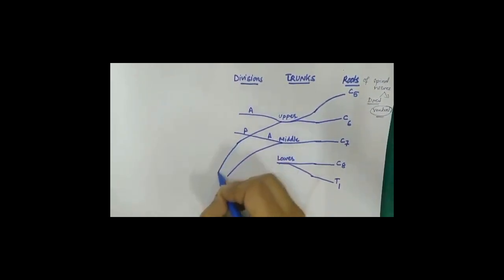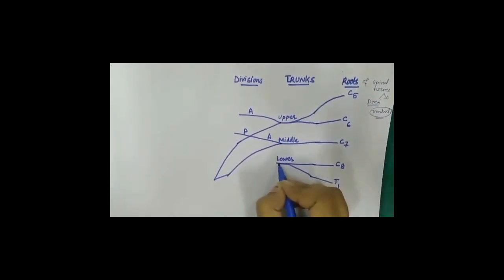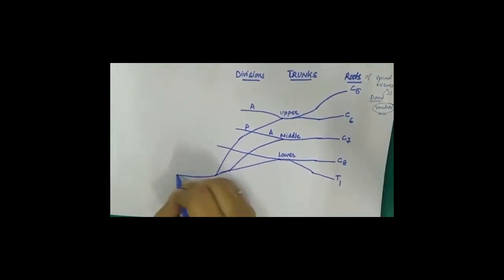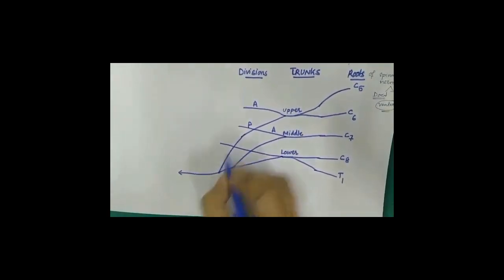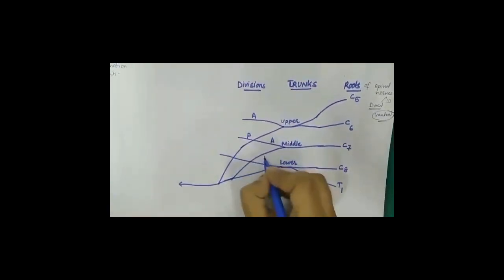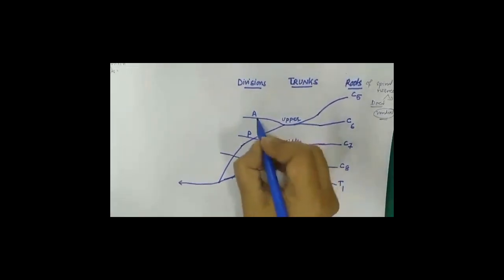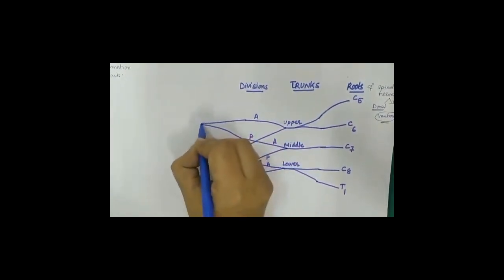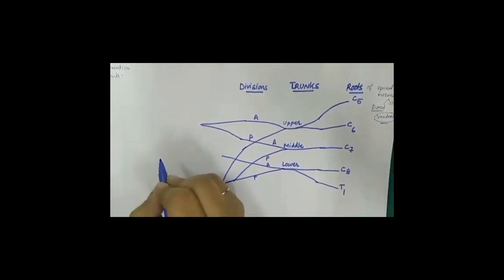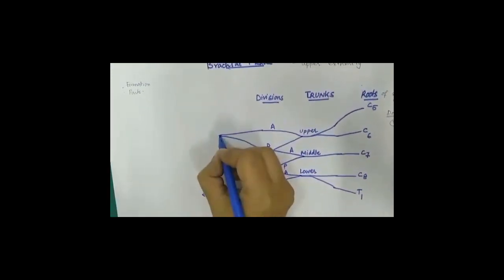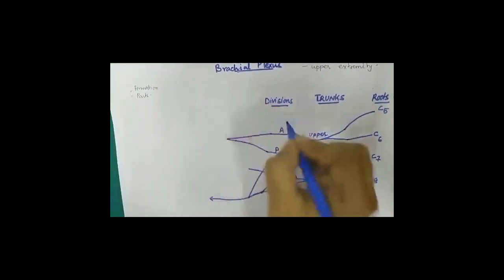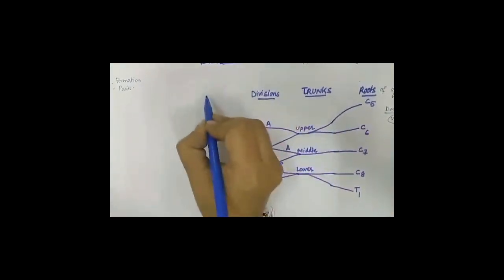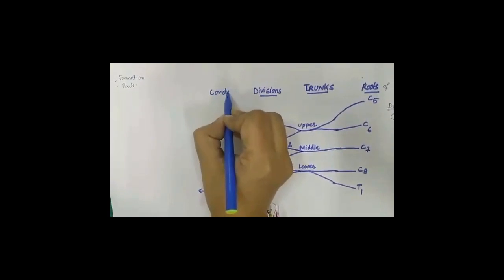The posterior divisions of all the 3 trunks join together, whereas the anterior divisions of upper and middle trunks join and they form cords. So first were the roots, then trunks, then divisions, and now the cords.